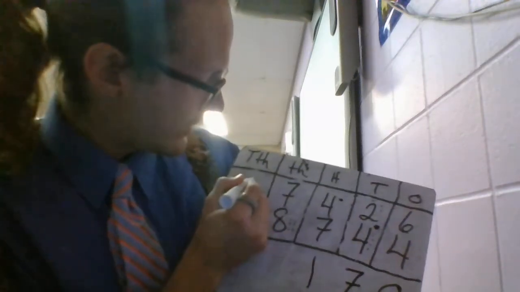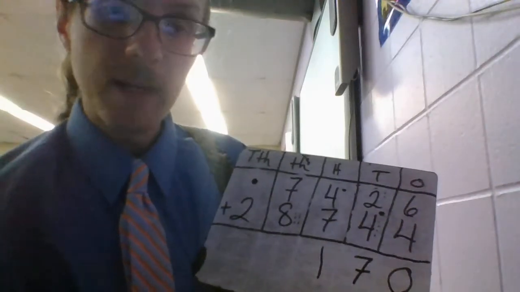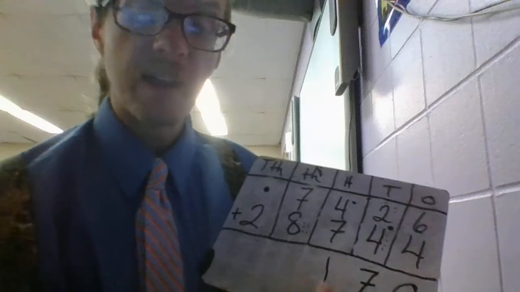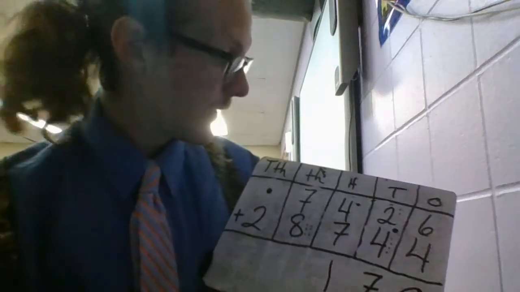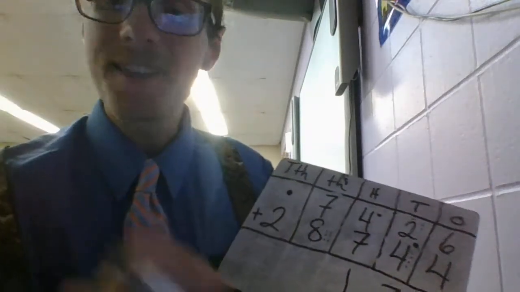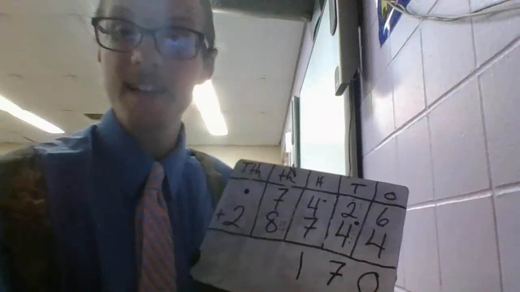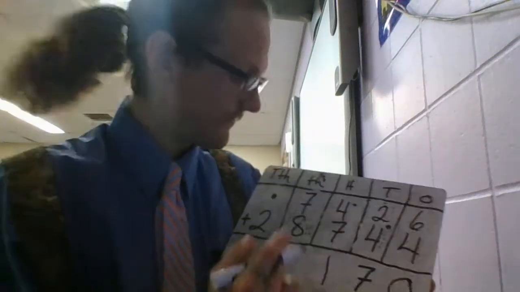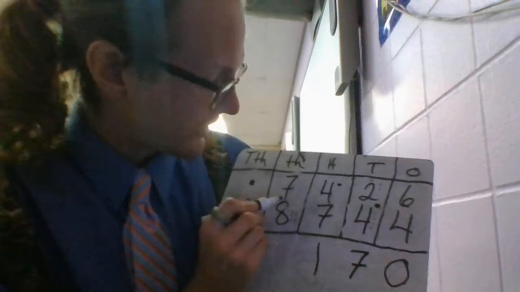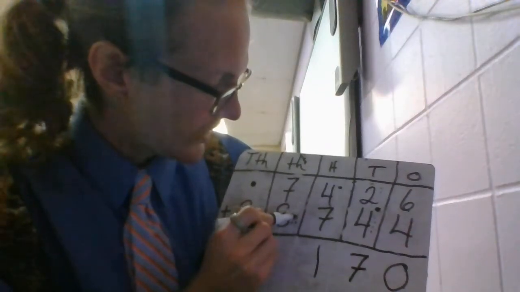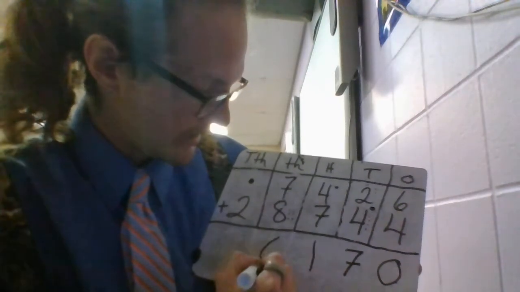We can bundle those, put them here. Because 10 hundreds equals 1,000. 10 thousands equals 1 10,000. So how many thousands do we have left over? 6.